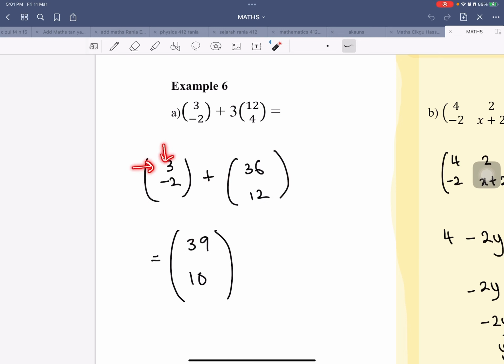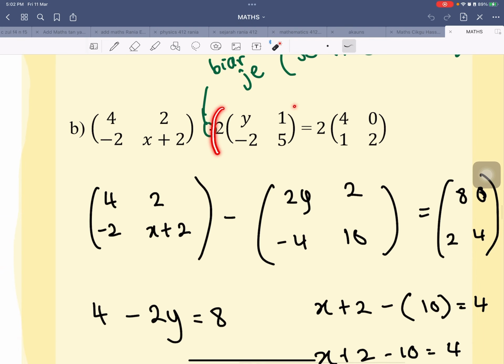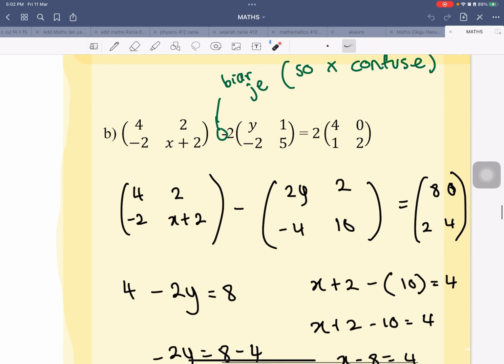Row 1, column 1, row 1, column 1. You add 3 plus 36, get 39. -2 plus 12, you will get 10. Try to clear the negative here. You're going to settle this part first. So 2 times y, get 2y. Same with everything else. 2 times 1 equals to 2. 2 times -2 is -4. 2 times 5 equals to 10.